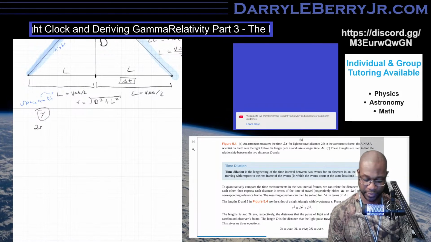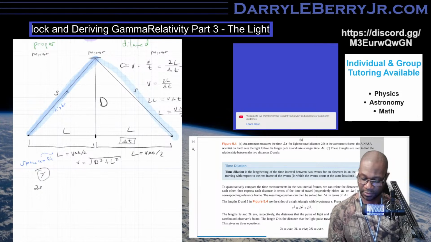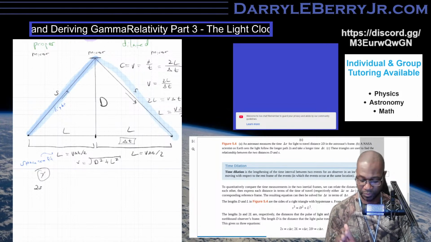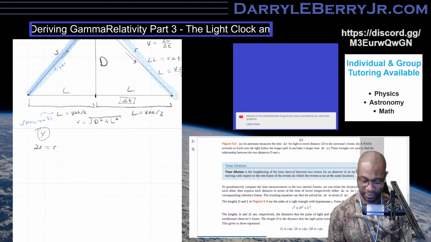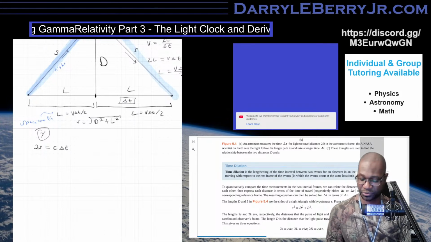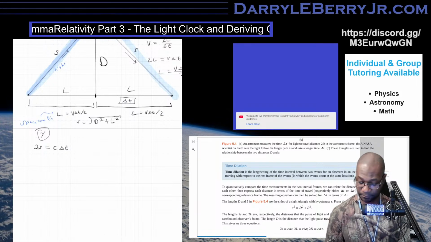So we have 2s, which is the distance that the observer on the ground sees that the light takes, s going up and s going down, equals c, because it's moving at the speed of light, times change in t, because the person on the ground is measuring that time, is looking at the spacecraft move.